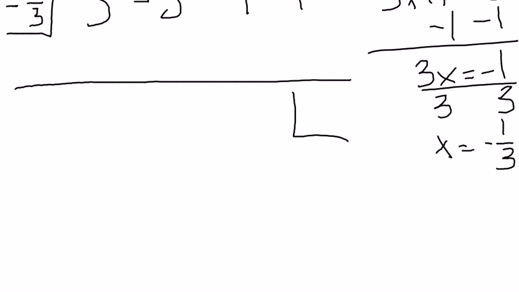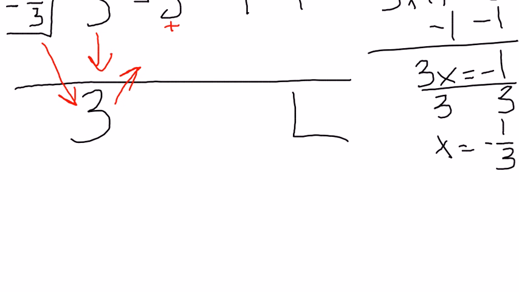So first thing you would do would be to bring your first coefficient down, your leading coefficient, and then put that down as 3. Multiply -1 over 3 by 3, put it up under -5, and then you get -1 over 3 times 3 is -1.